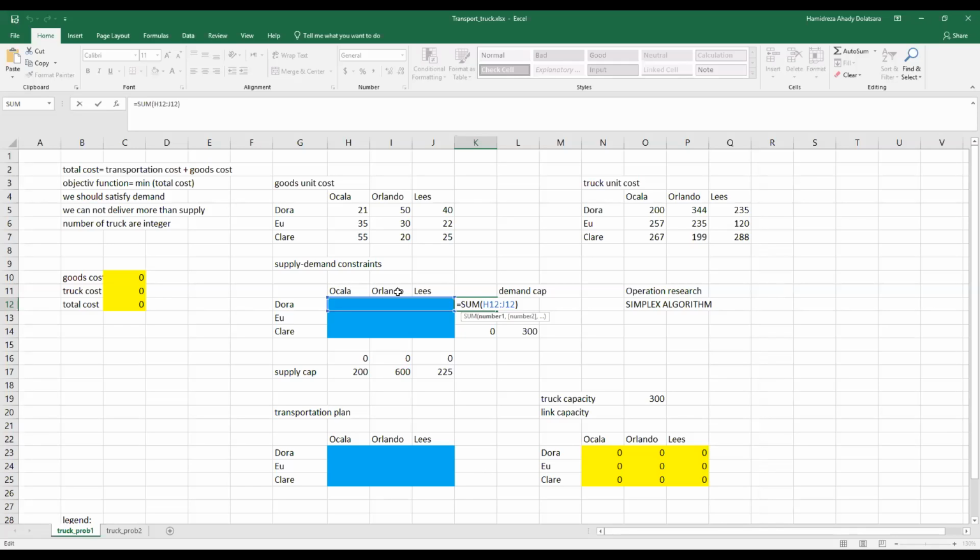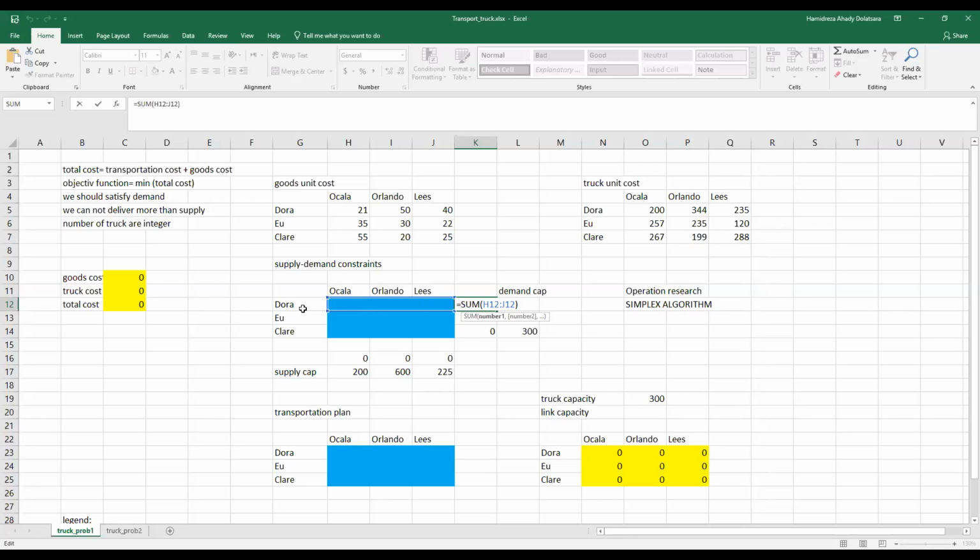In the columns, I have suppliers. In the rows, I have customers. What does it mean? It's the total possible delivery that the customer can get. So basically, it's demand.